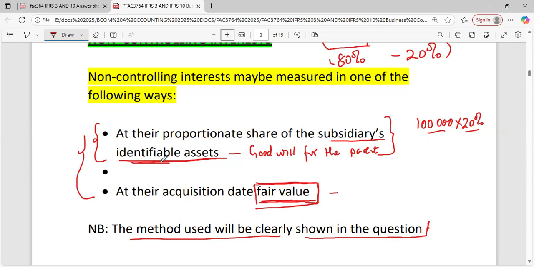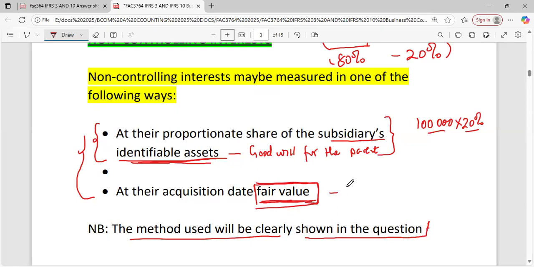So the difference between the value of identifiable assets and the fair value is now going to create goodwill for the subsidiary, if we are using the fair value method. So that's the only difference.